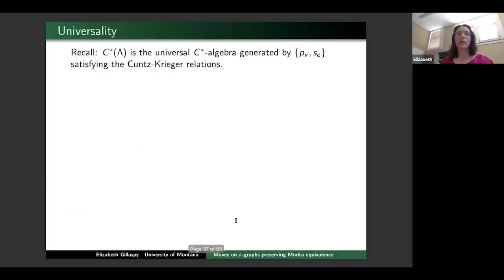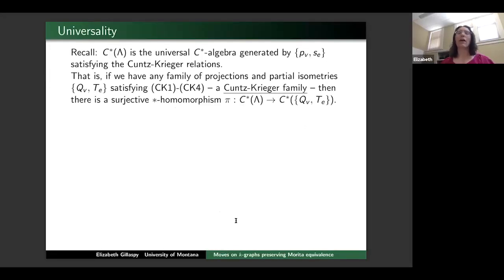So C-star lambda is a universal C-star algebra satisfying these relations, by which I mean that if you've got any other family of projections and partial isometries in some other C-star algebra that satisfies those Kunz-Krieger relations, then we have a surjective star homomorphism from C-star lambda onto the C-star algebra generated by these other projections and partial isometries.